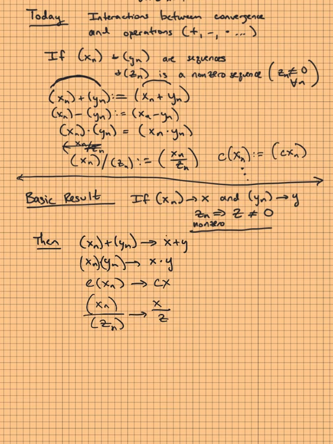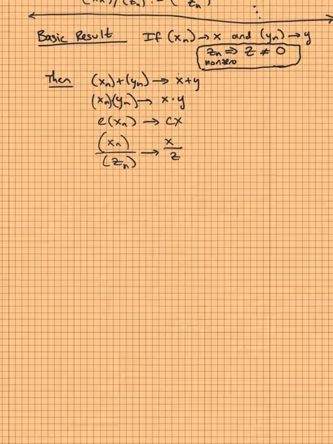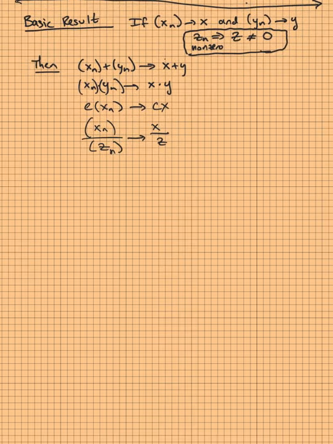Everything you might hope for is true. The one thing you have to be a little careful of is when you're dividing and you have something which goes to 0, that can get you screwed up, but we'll see examples of that soon. I'm not going to prove some of these; I'm going to leave one of these as a lecture problem.